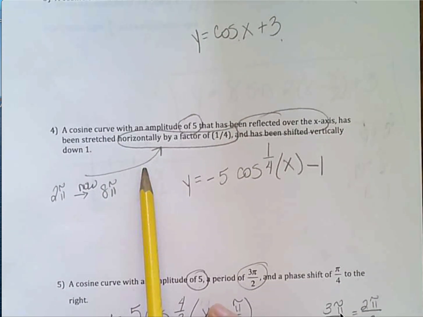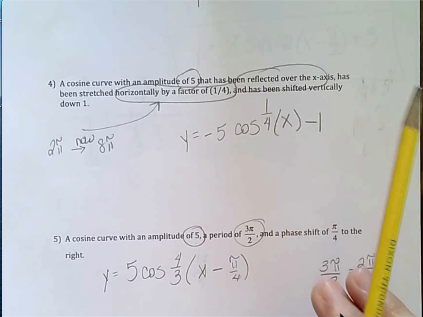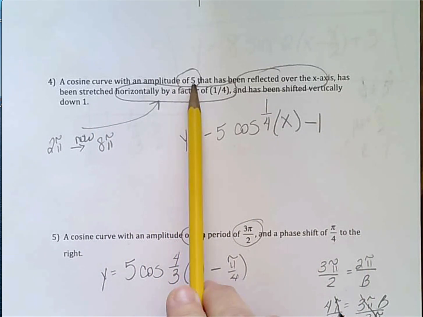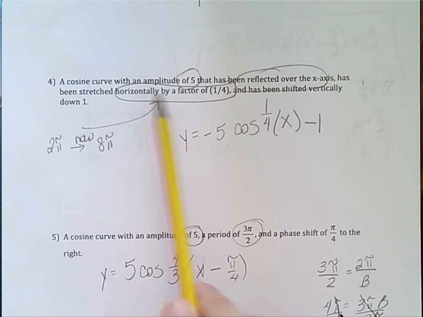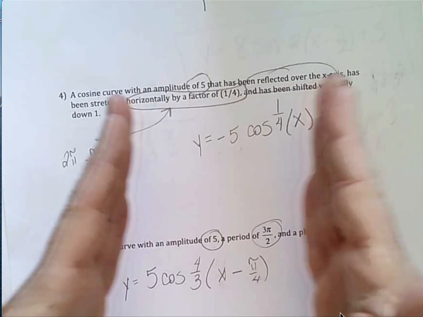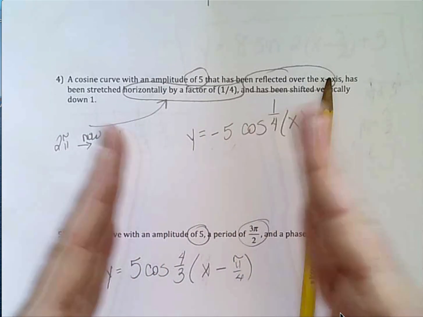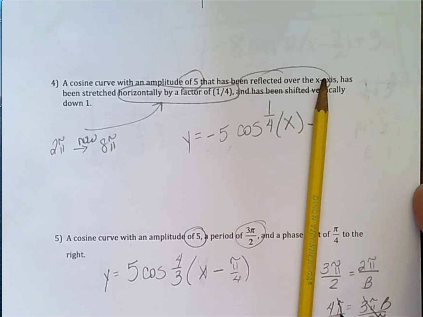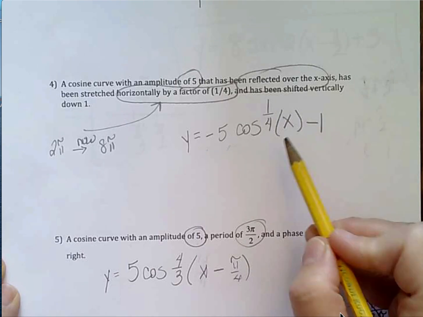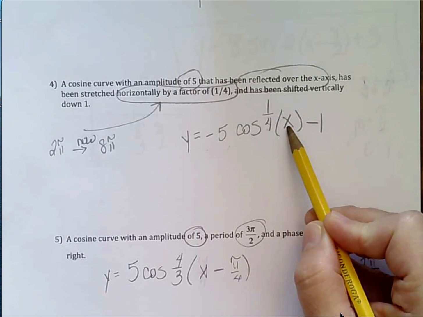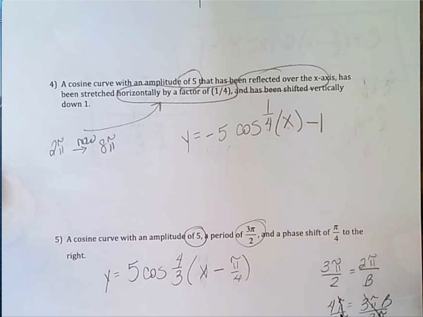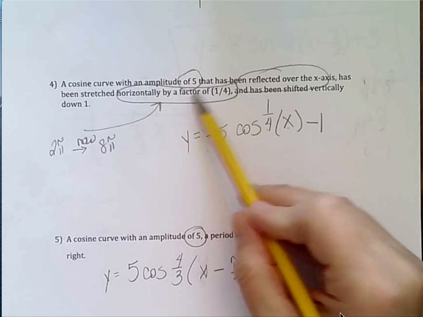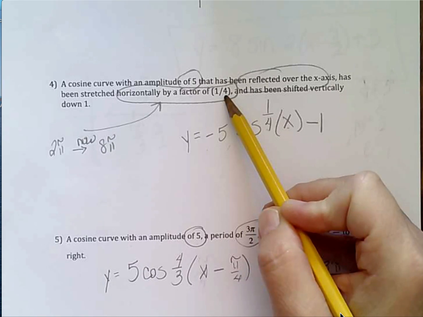This is a little tricky. This is not one that we're going to be tested on, but your cosine curve has an amplitude of 5, reflected over the x-axis. Okay, we're not going to do horizontal. Horizontals like stretching and shrinking and all kinds of things like that. Those numbers for stretching and shrinking are in here, and that affects your x coordinates, right? Because that's the x-axis that's stretching and shrinking. So if the factor is 1/4, then literally you're multiplying, right?